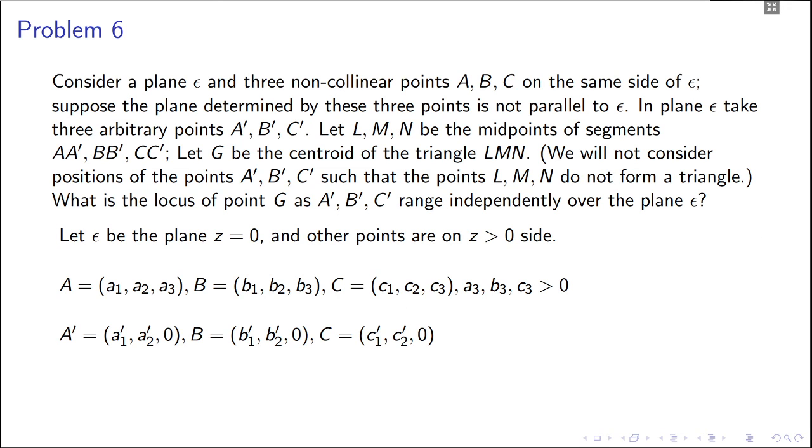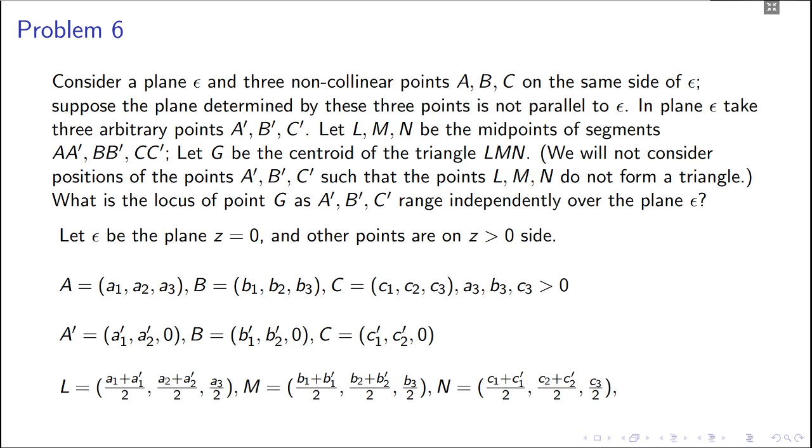Then it says L, M, N are the midpoints of the segments AA prime, BB prime, CC prime. You find the coordinates of L, M, N. For L, the x coordinate is going to be this plus this by 2, the Y coordinate this plus this by 2, the Z coordinate this plus this by 2. Same for M, same for N. And G is the centroid of LMN.